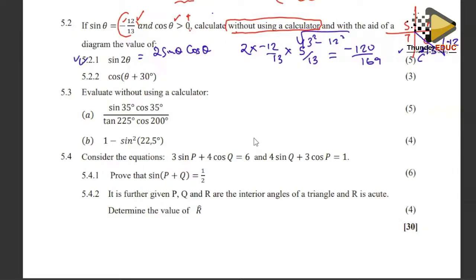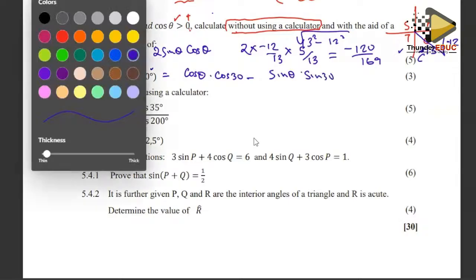Then cos of theta plus 30, this is a compound angle. We just need to open it up. 30 is a special angle. So it's going to be cos of theta, cos of 30 minus sine of theta, sine of 30. Okay, let's use just a different color.